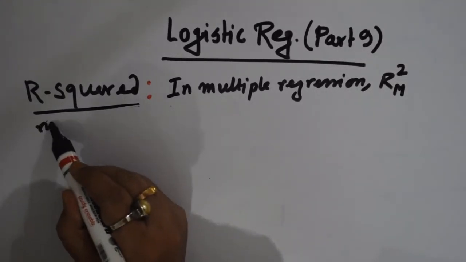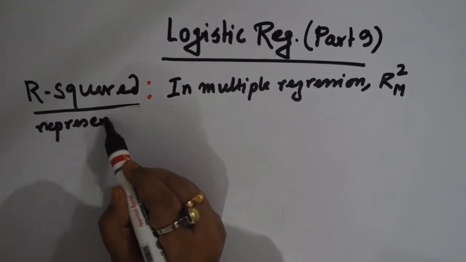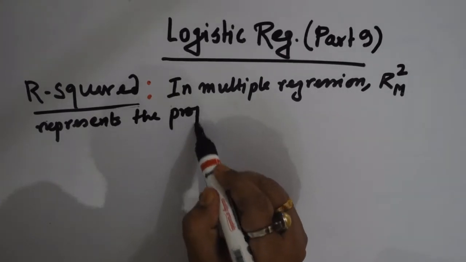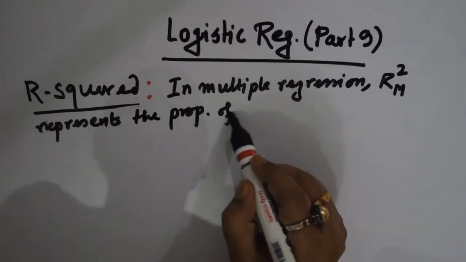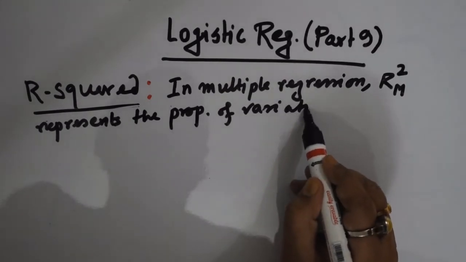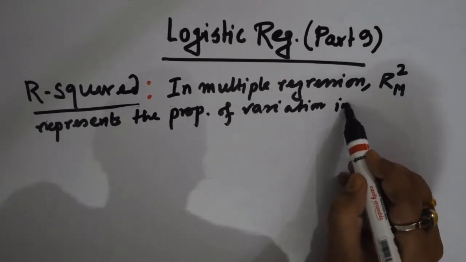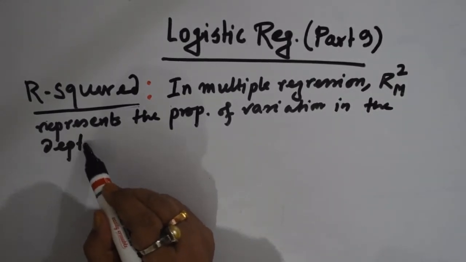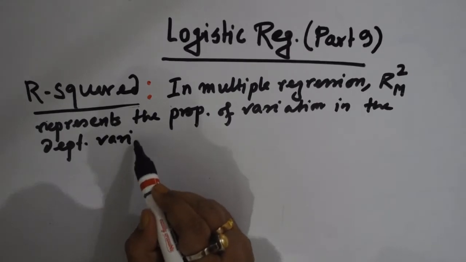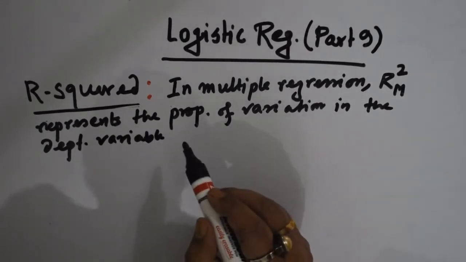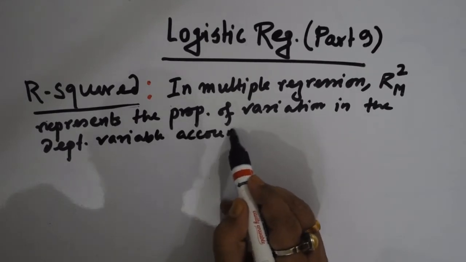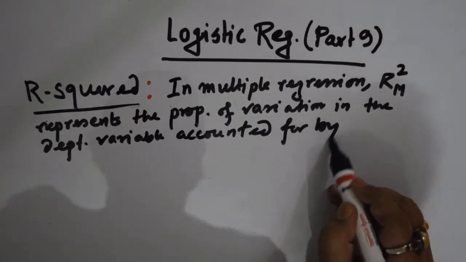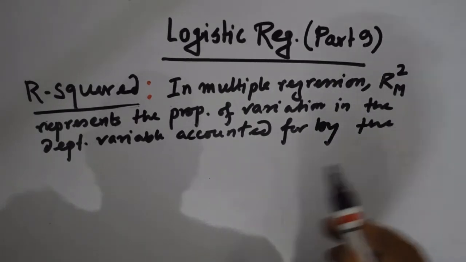It represents the proportion of variation in the dependent variable accounted for by the independent variable.